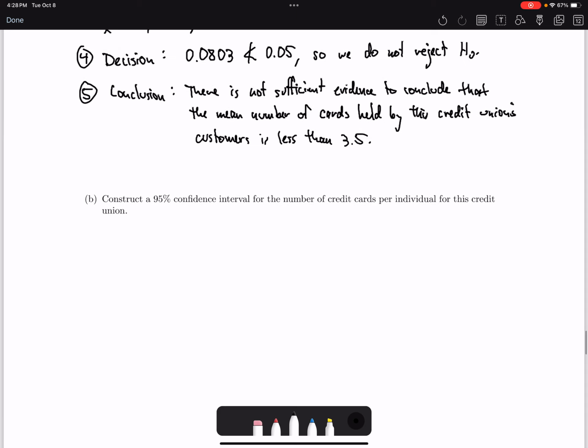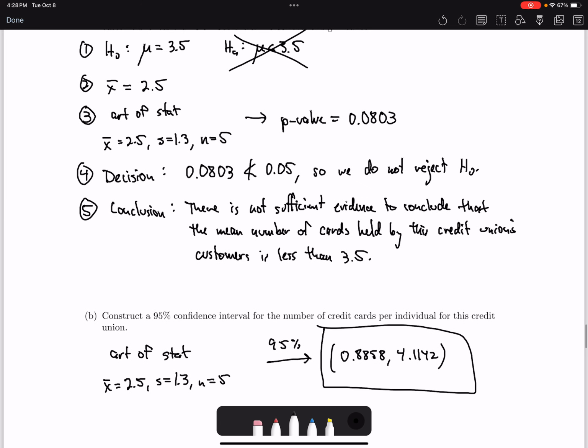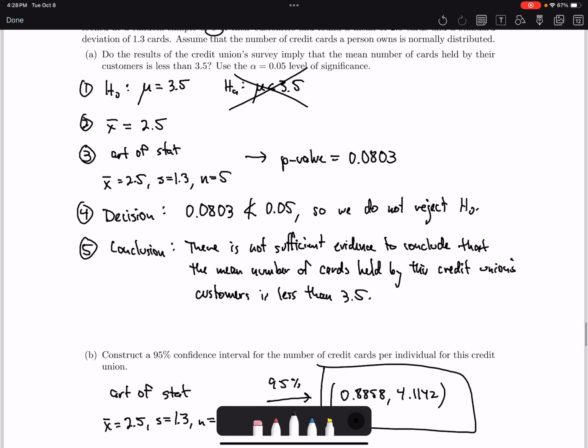But here's what I would say about this example. Our p-value is actually surprisingly small given how small our sample size is. In other words, even though we only had a few individuals in our sample, the difference between what we observed and what we expected to observe is so large that we still ended up with a small p-value despite not having very much evidence.